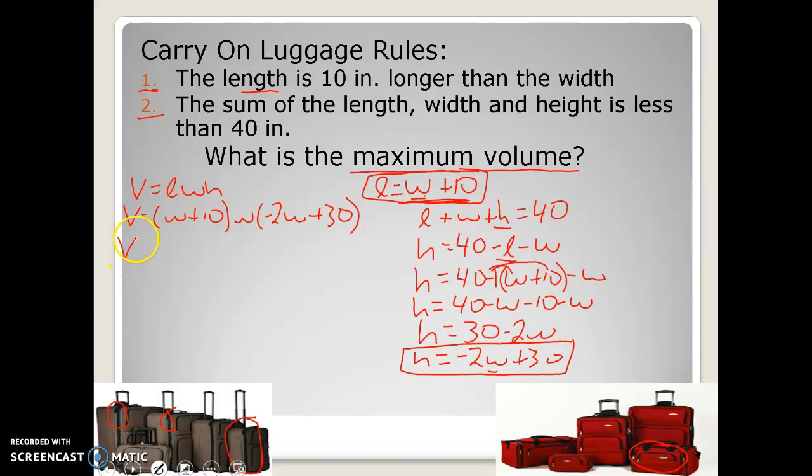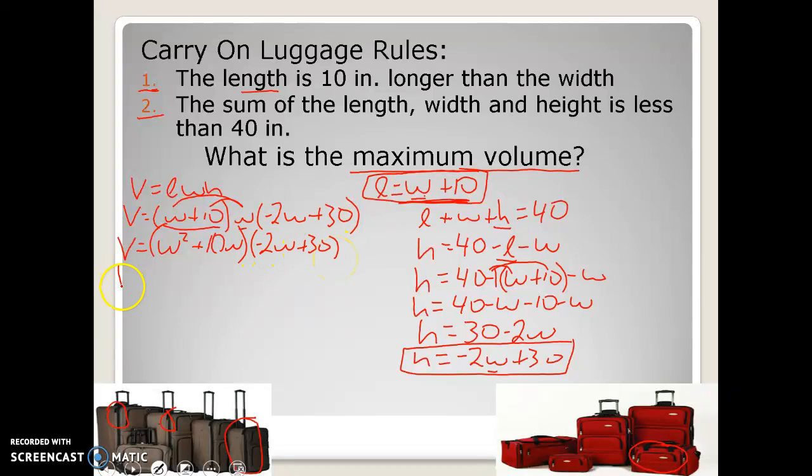I'm just going to put it in standard form. To do that, I'm going to multiply W plus 10 times W. I'm going to distribute this kind of backwards here. So W times W is going to be W squared, plus W times 10 is 10W. And now I'm going to take that term and multiply it times my last term, which is negative 2W plus 30.